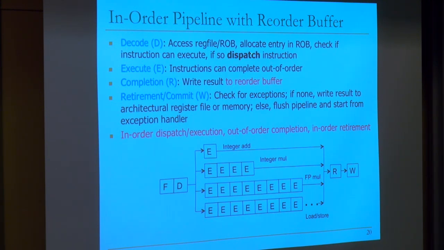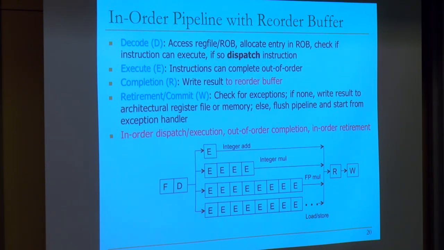At the same time, the instruction allocates an entry in the reorder buffer and writes its tag to the destination register in the register file. The logic checks if the instruction can actually execute. That's the dependency check logic now. If so, we dispatch the instruction.